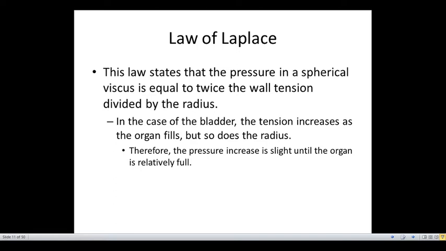In the case of the bladder, the tension increases as the organ fills, but so does the radius. Therefore, the pressure increase is slight until the organ is relatively full.